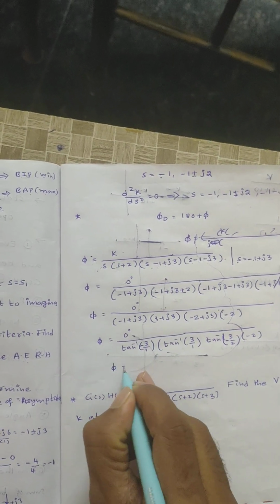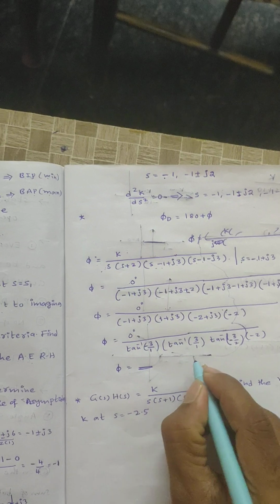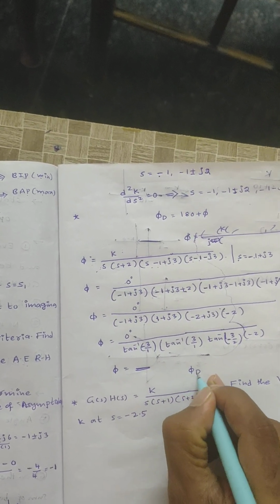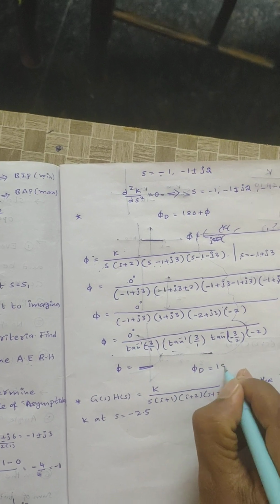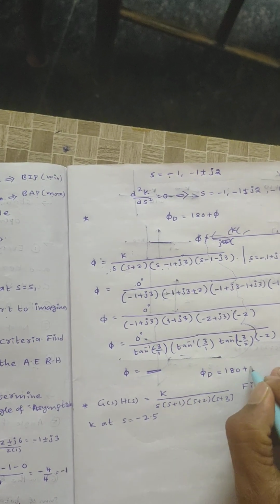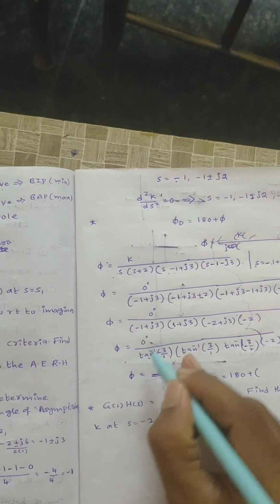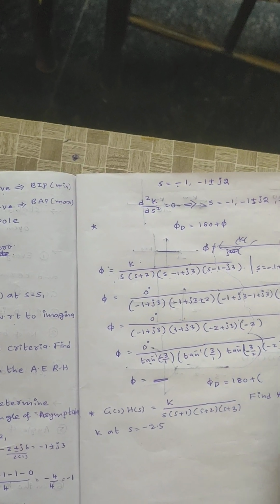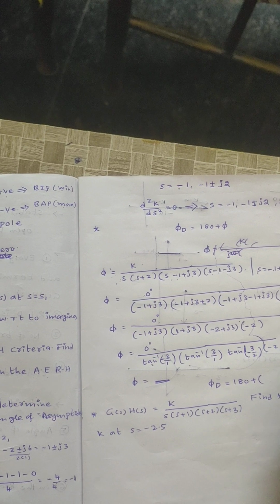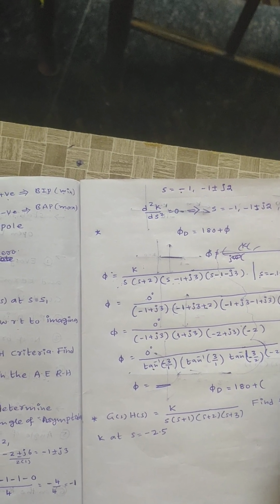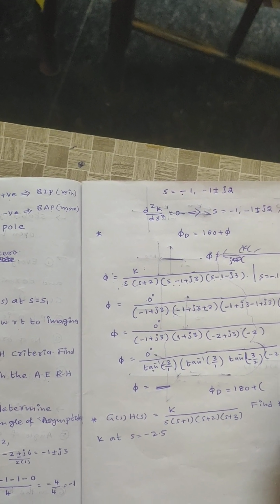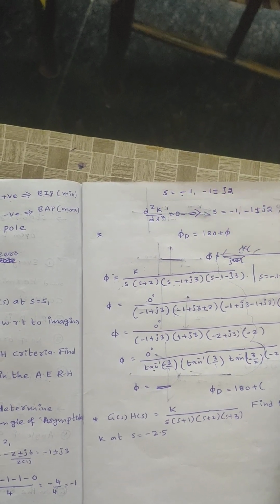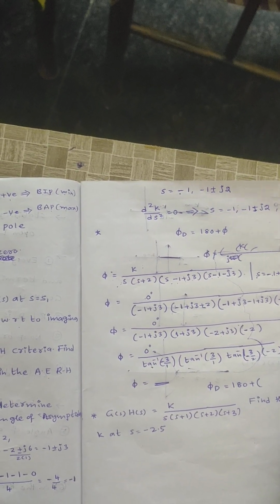If it comes to the numerator, you will get the angle. In this way we need to calculate the phi value first. After calculating this phi value, the angle of departure phi d is equal to 180 plus phi. Suppose if I simplify this equation, when it comes to the numerator, I will get minus tan inverse minus 3 by 1, again tan inverse 3, tan inverse minus 3 by 2.